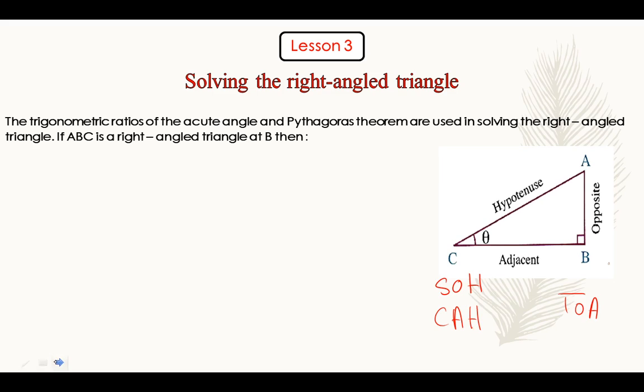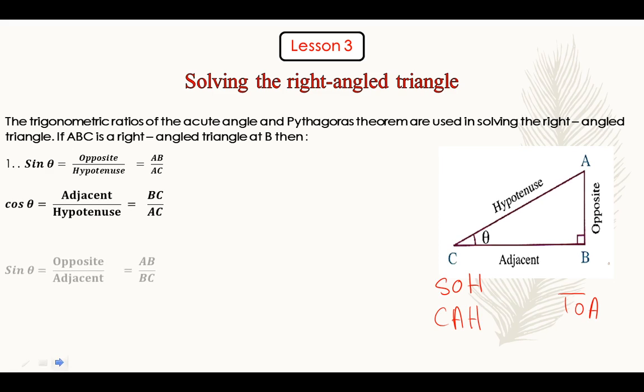Okay? So now you can see that sine theta equals opposite over hypotenuse, which is equal to opposite AB over hypotenuse AC, and cosine theta is adjacent over hypotenuse, BC over AC, and the last one, tan theta.